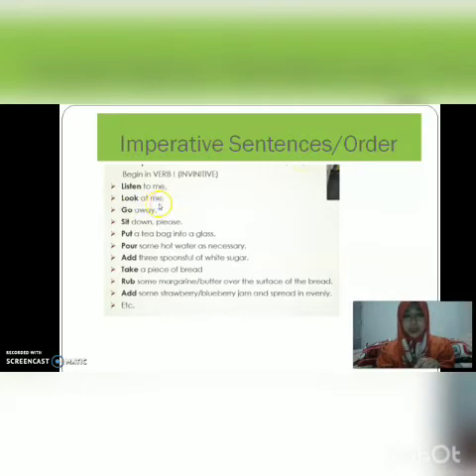Listen to me. Look at me. Go away. Sit down, please. Put a tea bag into a glass. Pour some hot water as necessary. Add 3 spoonsful of white sugar. And then take a piece of bread.